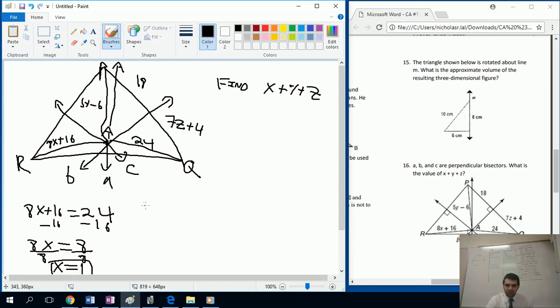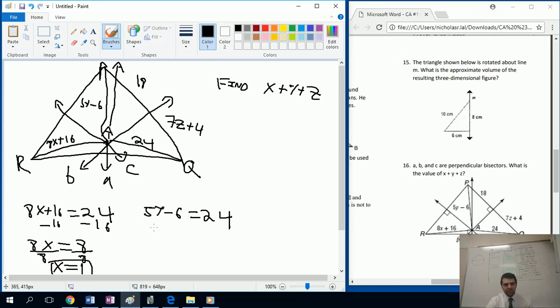Then 5y minus 6 is going to be equal to 24, because we also know that for PA, that's also going to be equal to QA. So once again, RA is going to be equivalent to QA, and PA is going to be equal to QA.